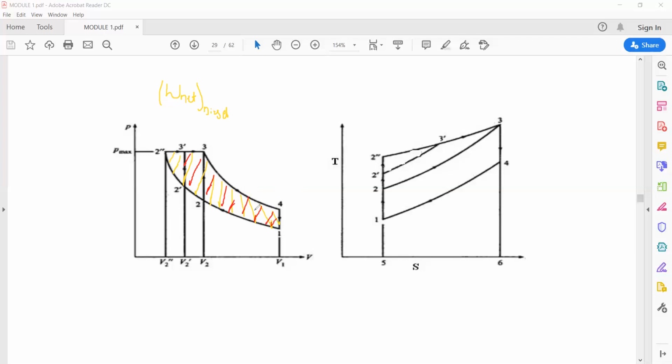The red color is the area under dual cycle. Okay, which is less than that of area under the diesel cycle. So area under the diesel cycle is more here. That will give you net work output from the dual cycle.